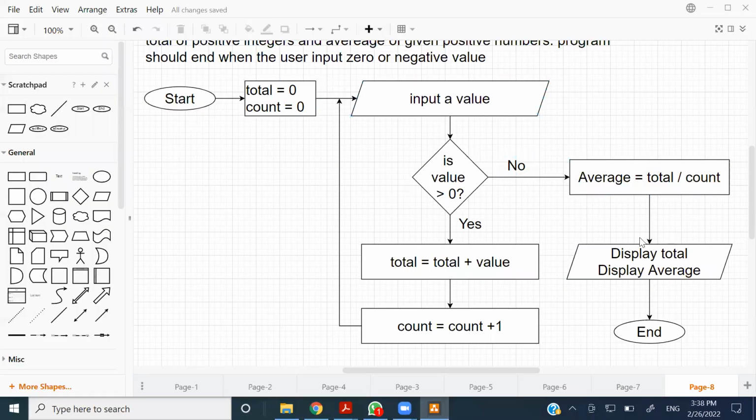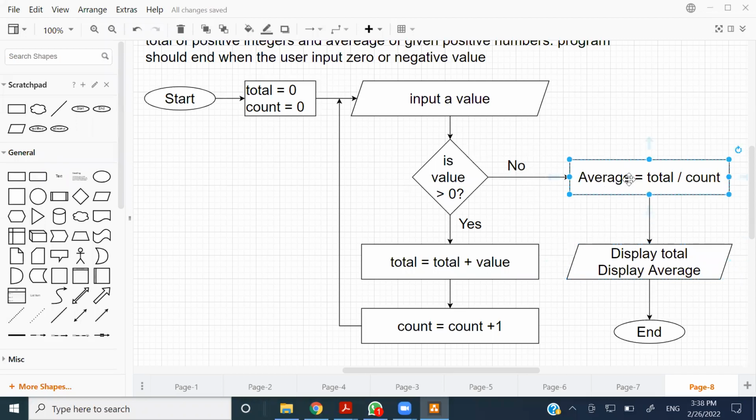So it's better you go with this. Right? And when you are drawing the flow chart, you can change the order of these two. You can have count equals count plus 1, then total equals total plus value, no problem. Average should be calculated before you display the average, right? You can display the total in a separate output box.